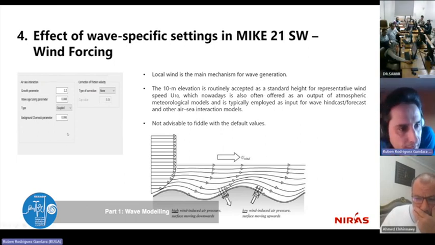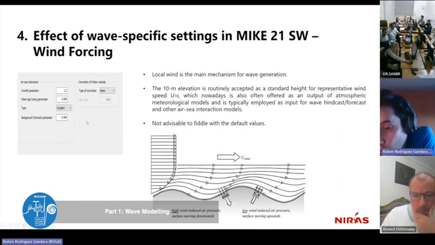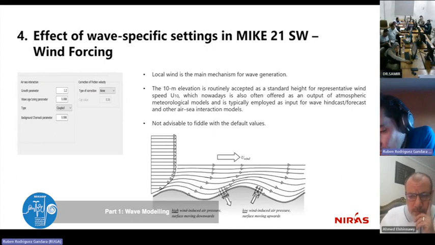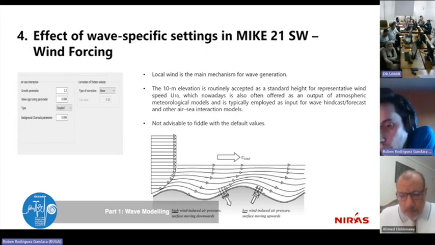Regarding the growth parameters, I wouldn't touch these ones either. You may get, for sure, if you change the type of Earth interaction, for example, or the wave age tuning parameter, your results locally will change.